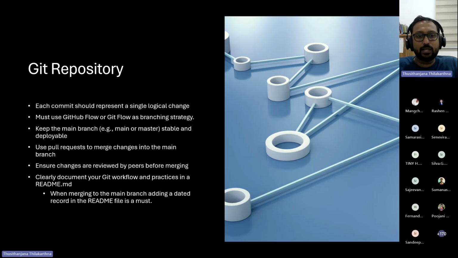Other than that, you can include a lot of other details, maybe how you have branched, the details of your project, maybe the features that you have introduced. It's up to you. The minimum requirement is to have a dated record in the README file talking about merging the main branch. So that is about the Git repository.